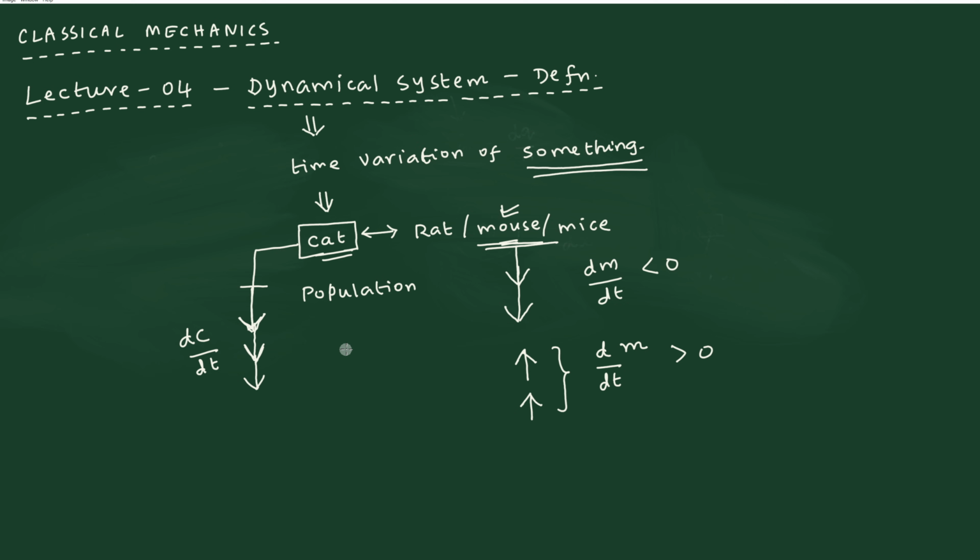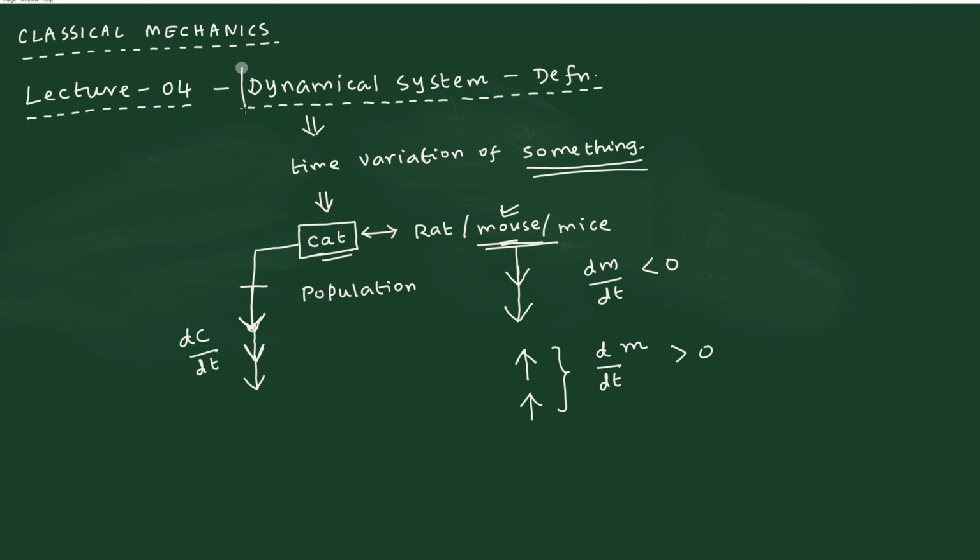Similarly, there are many other examples. We will not go into that because that is not our aim. Another example is financial dynamics. We will not enter into what it is, but the situation is very similar to this. So ultimately, we are able to understand the meaning of a dynamical system, and I have given this example in order to demonstrate why we have used the word dynamical instead of mechanical.